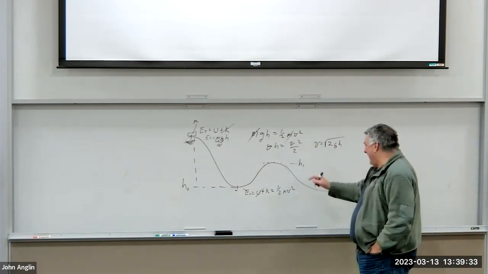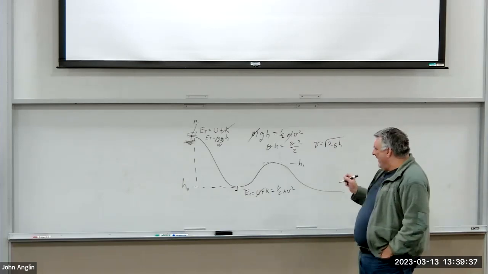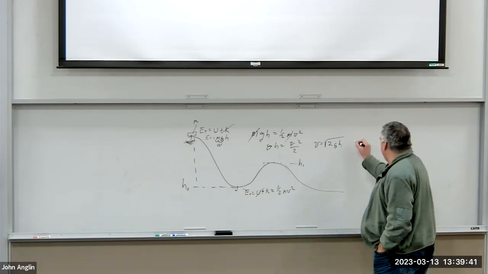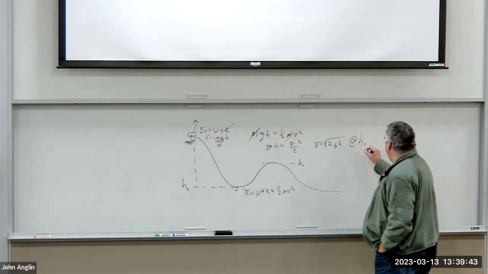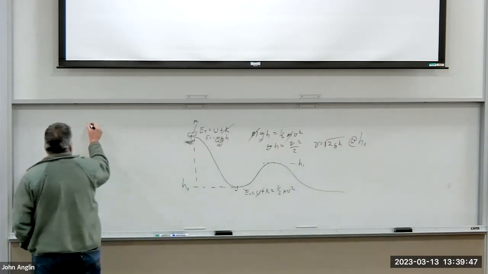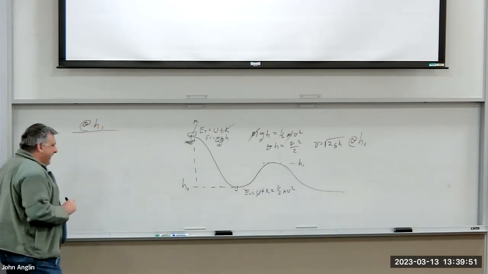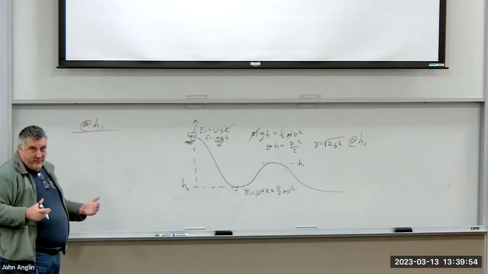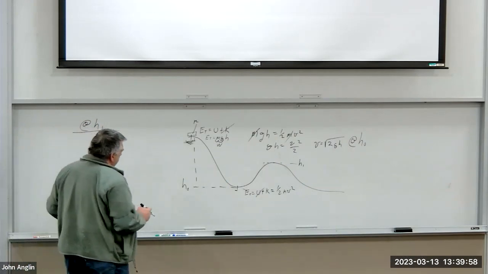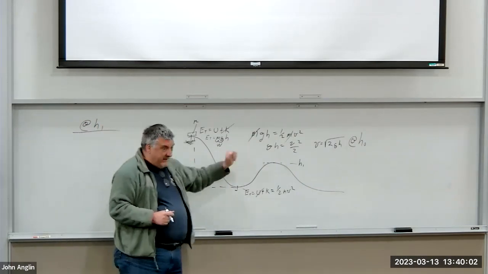What about at H1 though? Well, at H1, something else is going on. So this is at H0. At H1 though, we've got to do it a little bit different, but not too much. We want to know what is the velocity at H1.